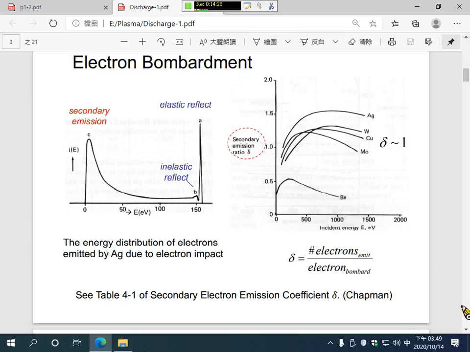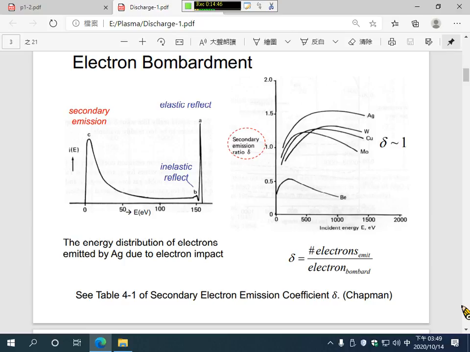And this part is from secondary electron.